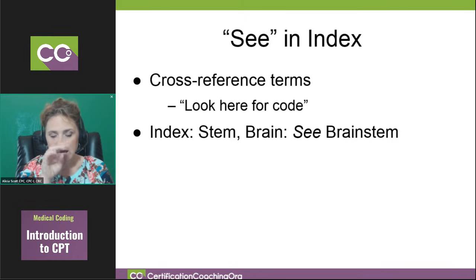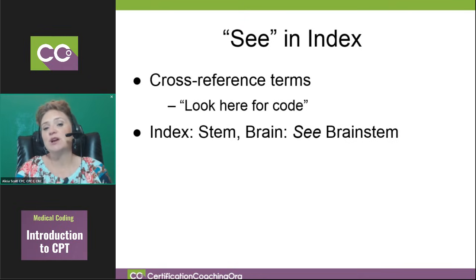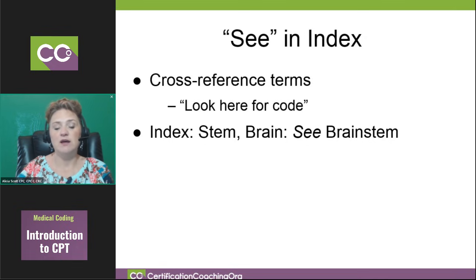So let's say you can also look up body parts in the index in the CPT manual. Let's say that you know that you're working on the part of the brain, and you need to find the brain stem, but you could look up stem, brain, and it says go see brain stem, so that you would go look at brain, right?